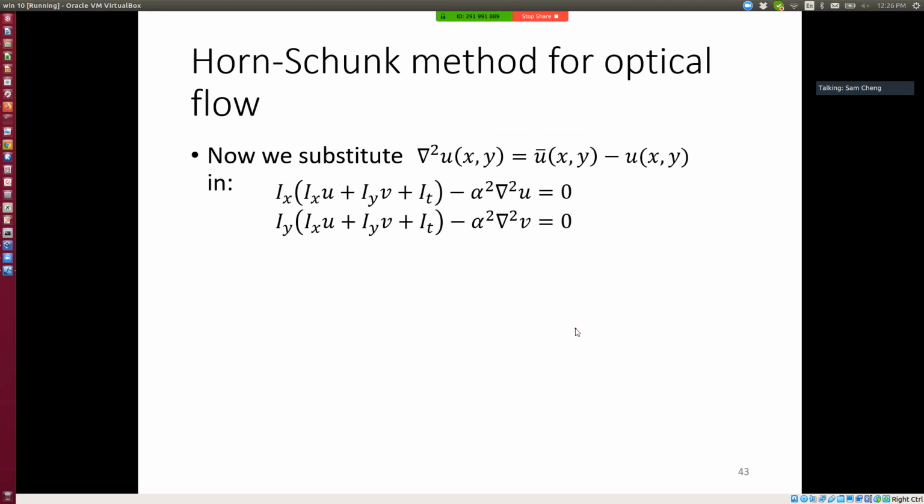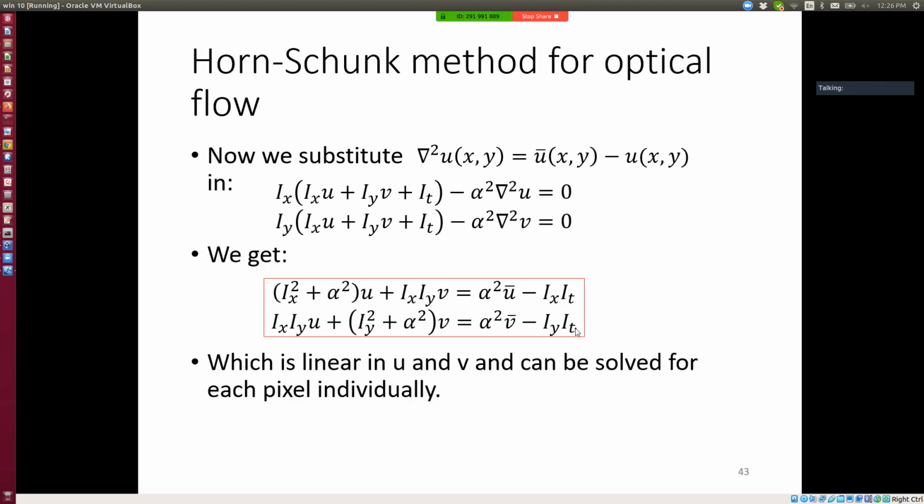If we do that, then we replace the Laplacian with this term here.